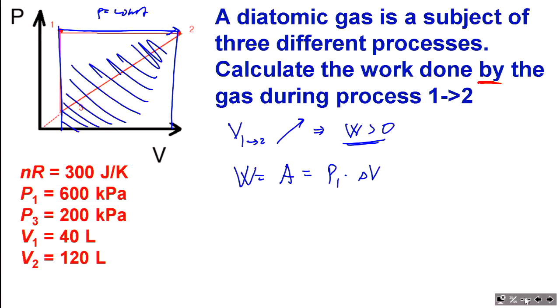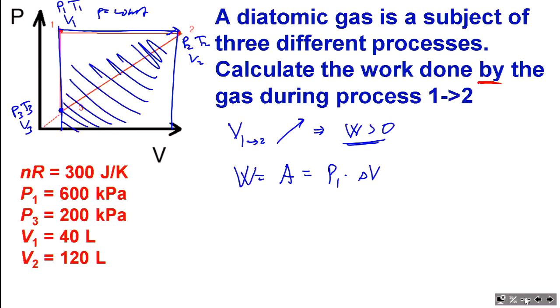Now I have to name technically each state. So this state has P1, T1, V1. This state has values for P2, T2, V2. This state, number 3, has values P3, T3, V3.